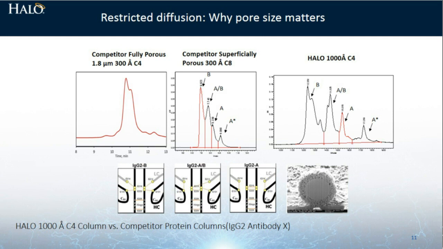IgG2, unlike IgG1, shows rather large-scale intact protein rearrangements as thiols interchange in the heavy and light chain, particularly around the hinge region of IgG.